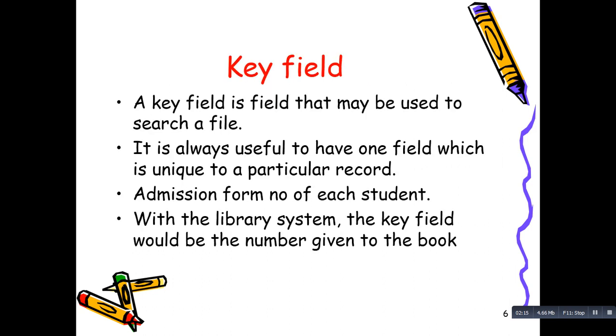Now a key field is a field that may be used to search a file. It is useful to have one field which is unique to a particular record, such as the admission form number of each student. In a library system, the key field would be the number given to the book.